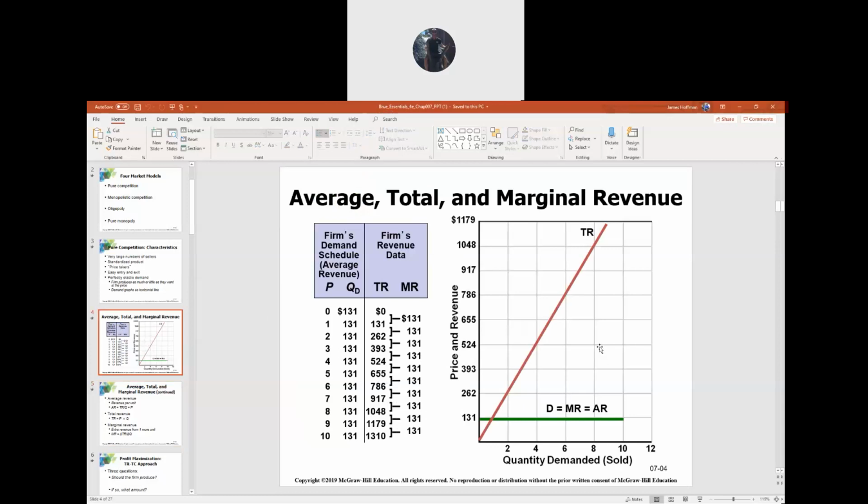The perfectly elastic demand curve, this green line, sets up this type of market. And so it's important to think about what this might illustrate. So maybe we can think of some examples of what kind of market this might model.